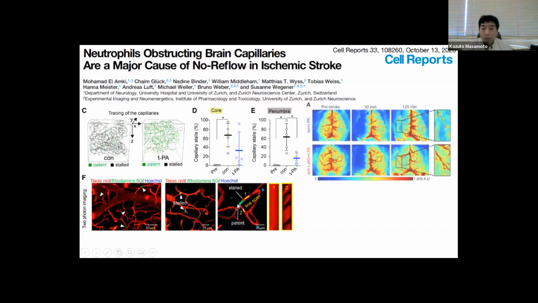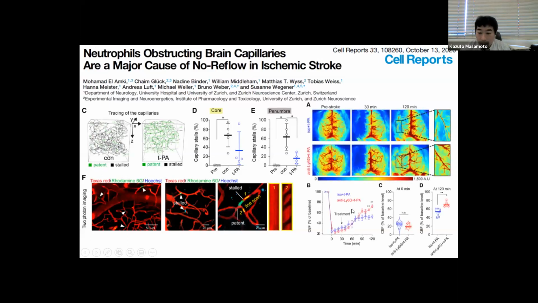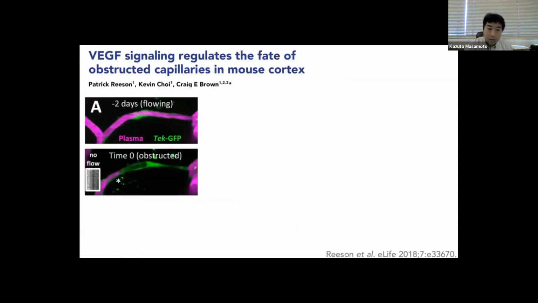So then if we use an anti-leukocyte drug, this improves the flow more, only in the later part here. You see the increase in the CBF after the injection of the anti-leukocyte drug. This also indicates the importance of white blood cells in the cerebral microcirculation.